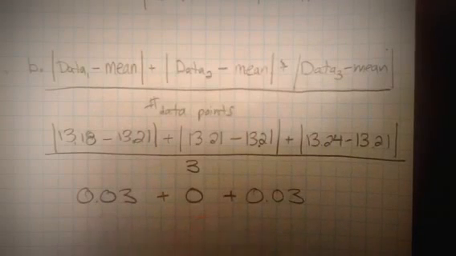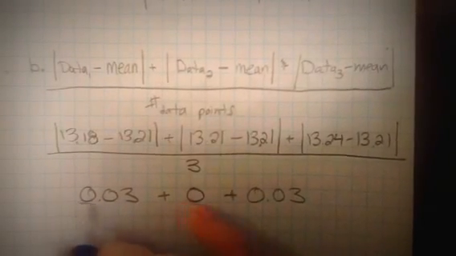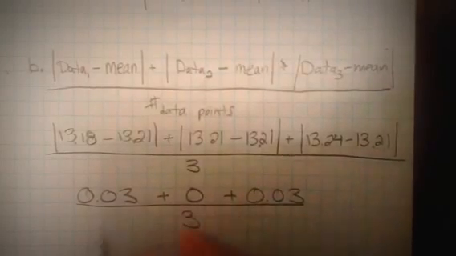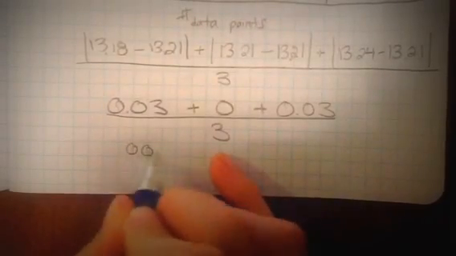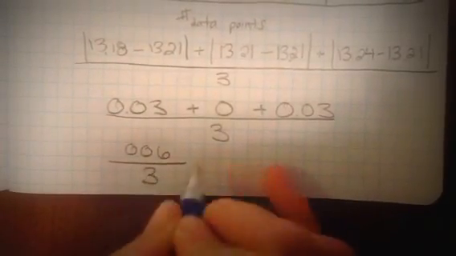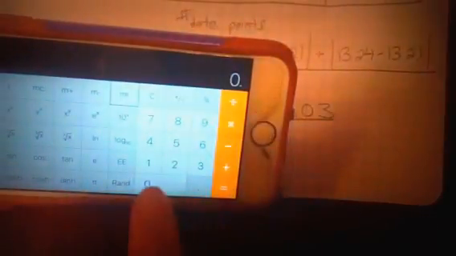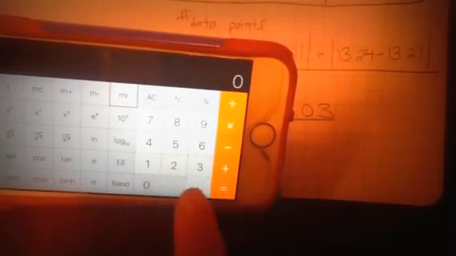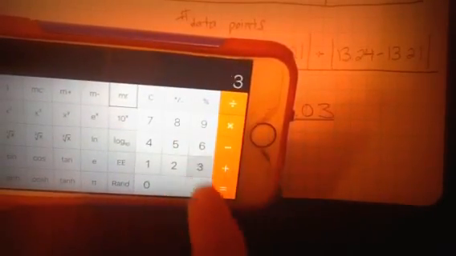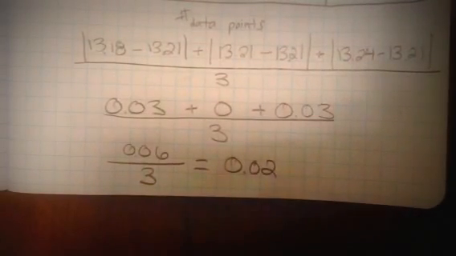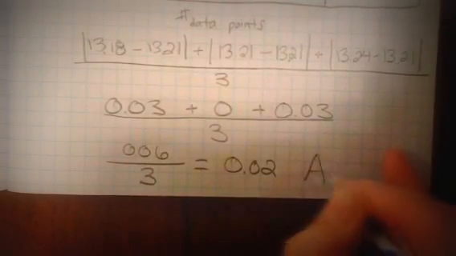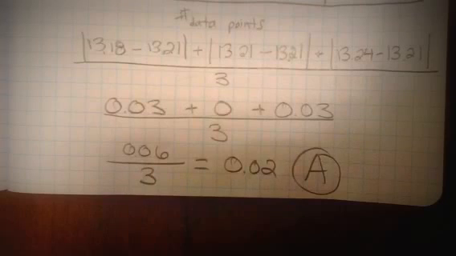So we end up with 0.03 plus 0 divided by 3, so 0.06 divided by 3. And we end up with a precision of 0.02. So that is just for our data set A for our absolute deviation.